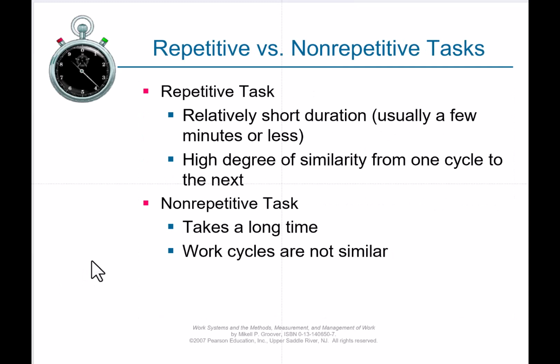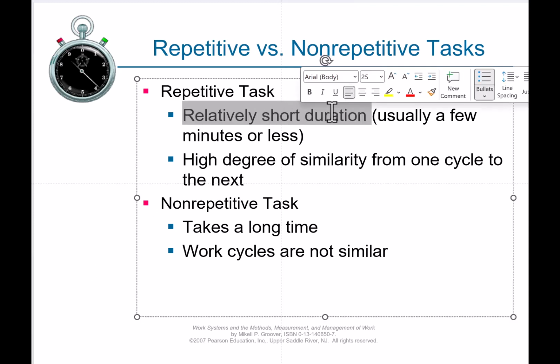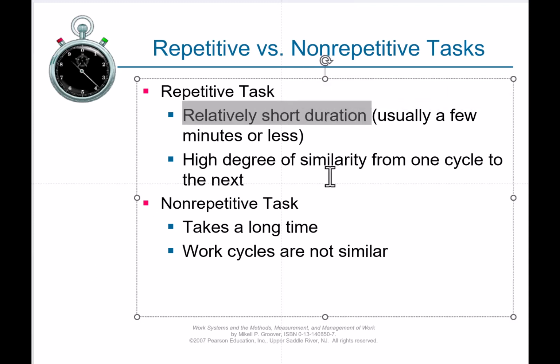The other thing is things that are repetitive versus non-repetitive, right? The things that are repetitive usually have a short-term duration, meaning that the cycle time is really within minutes or seconds, right?